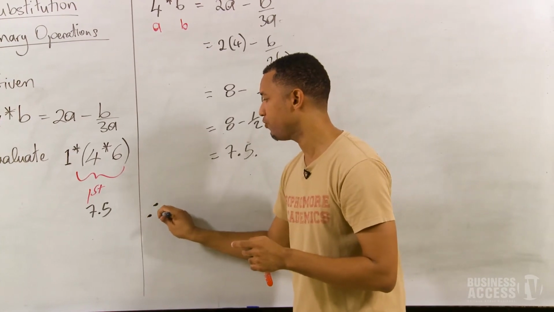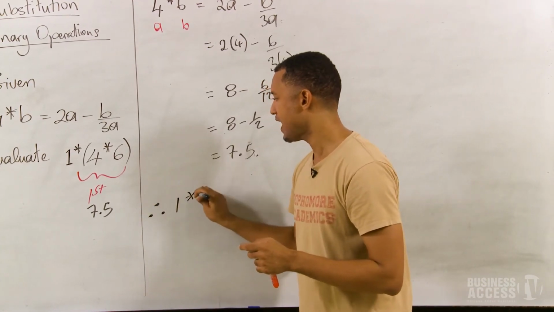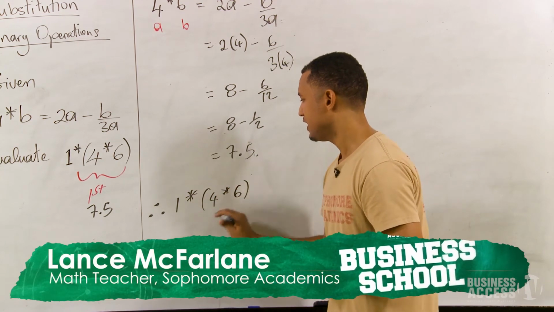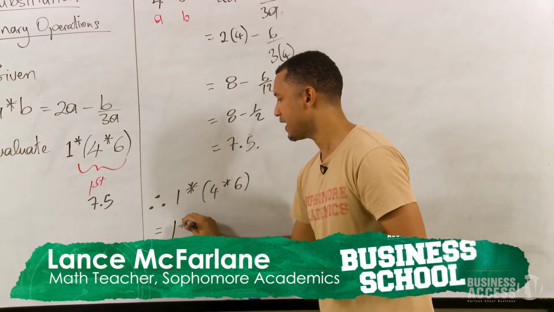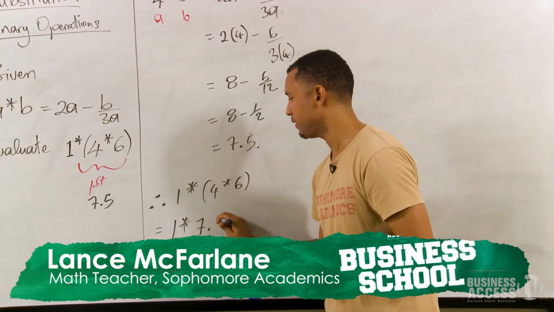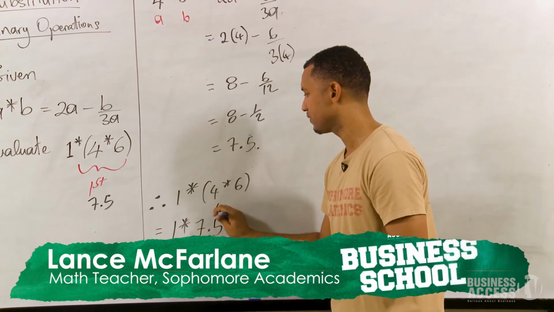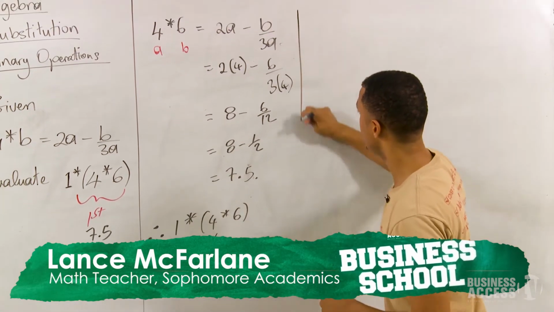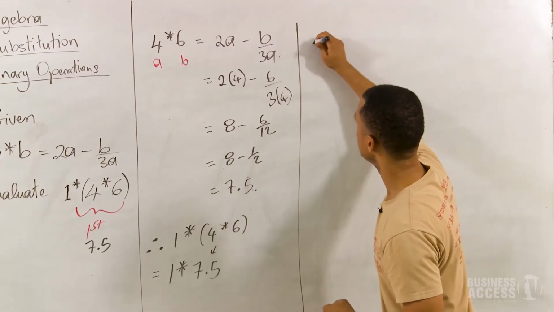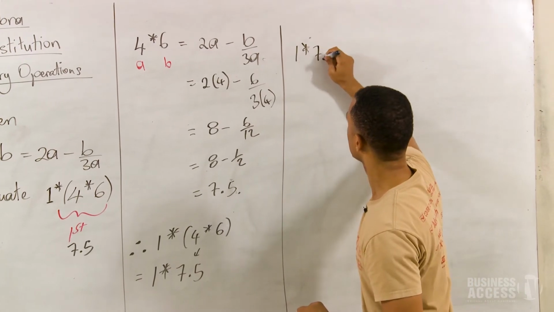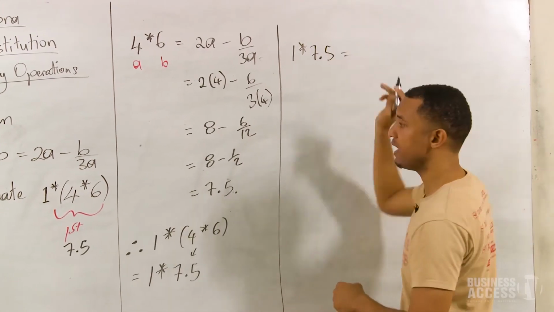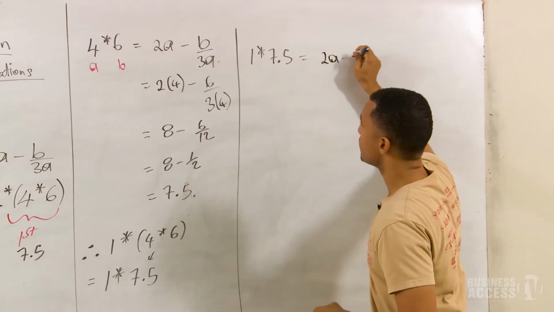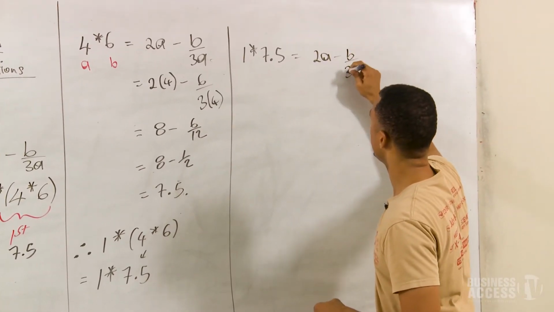We're going to say, therefore, 1 asterisk 4 asterisk 6 is actually 1 asterisk 7.5, because the 4 asterisk 6 became the 7.5. So let's just work that out. 1 asterisk 7.5, and remember the definition is over here, 2A minus B over 3A.